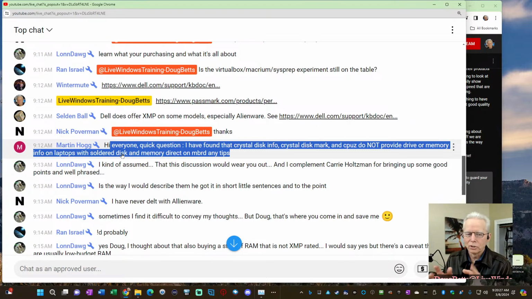That's a logic thing. If a fruit is red, is it always an apple? No, might be a tomato. So just because you found that Crystal Disk Mark and CPU-Z did not work on the laptop that you have those parts soldered on doesn't mean that was the determining factor. But no, I haven't come across that.